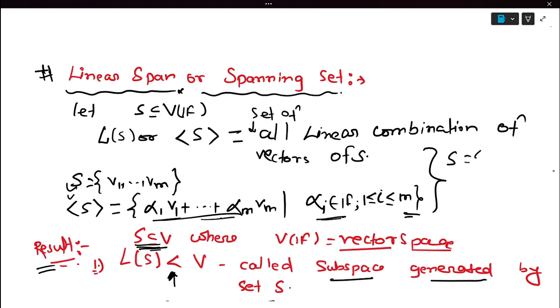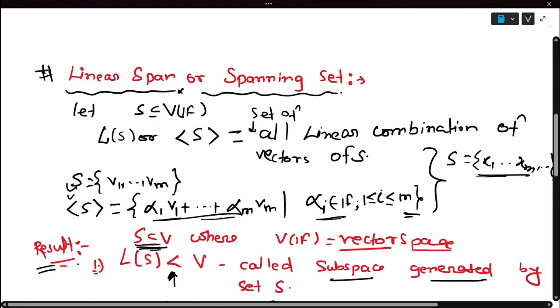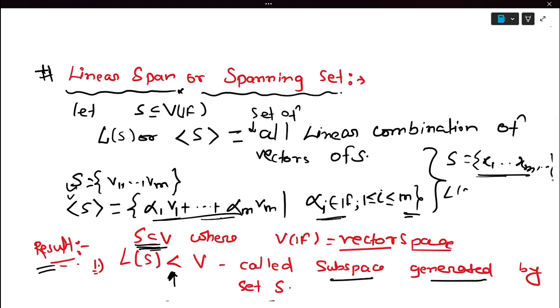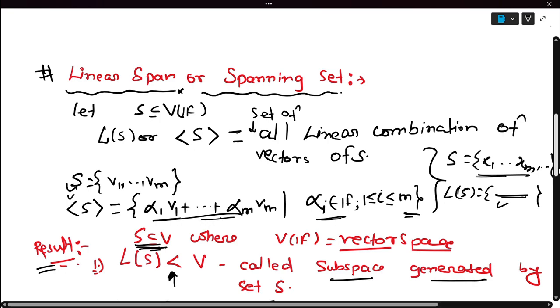If we have S equal to x1 up to xm and so on, an infinite set of vectors, then L of S will be only the finite linear combinations. We will not take infinite ones. Here we will take only finite linear combinations.